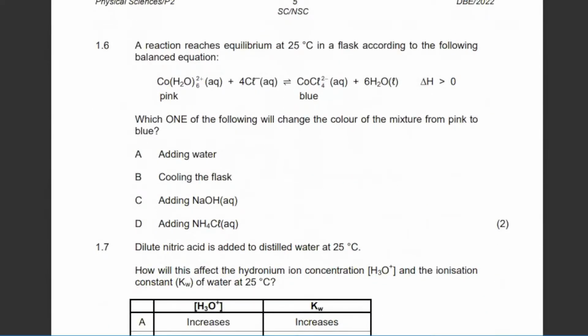Then question 1.6. What are they saying about question 1.6? They're saying that the reaction reaches equilibrium at 25 degrees C in a flask according to the following balanced equation. So this is the balanced equation.